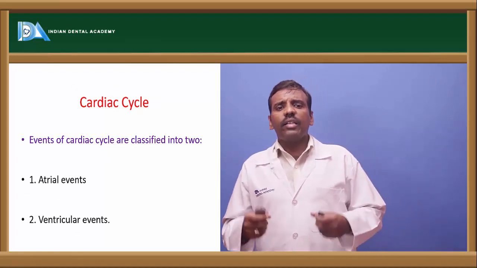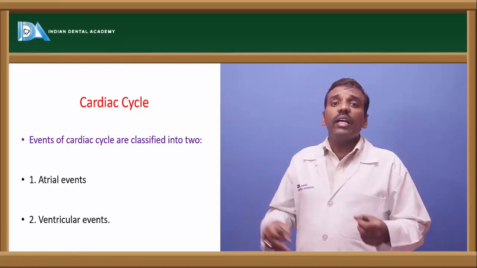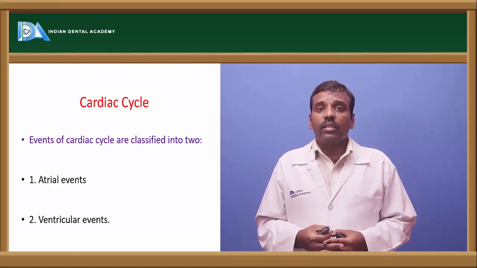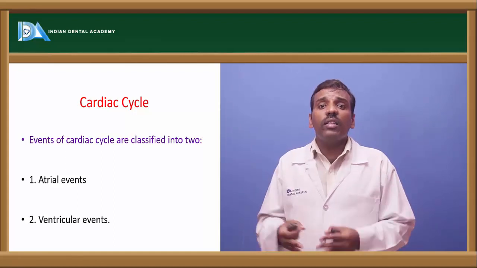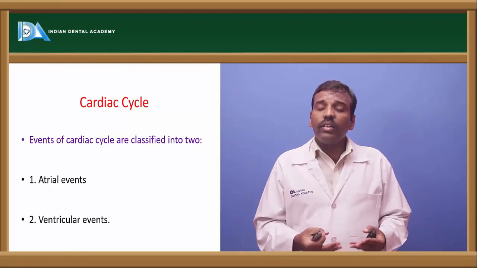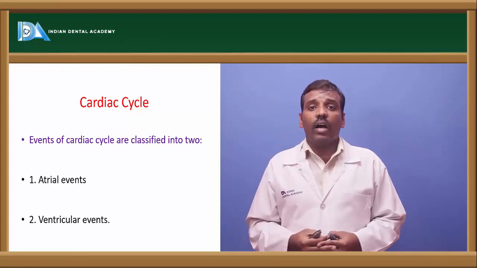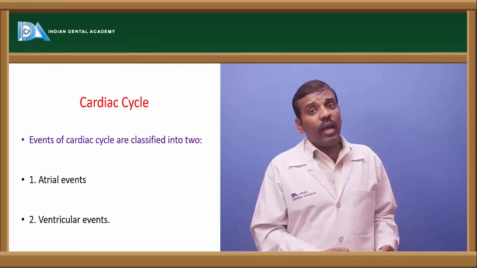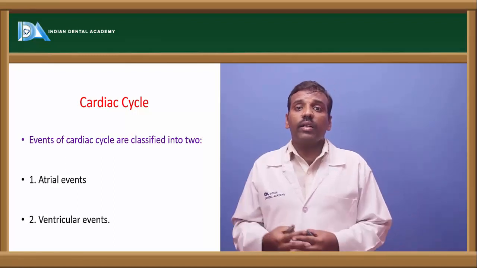Cardiac cycle is nothing but the events that occur during the heart beating. During this, the atrium contracts, and at the same time the ventricle contracts in the heart by the stimulus. Then the atrium relaxes and at the same time the ventricle relaxes.